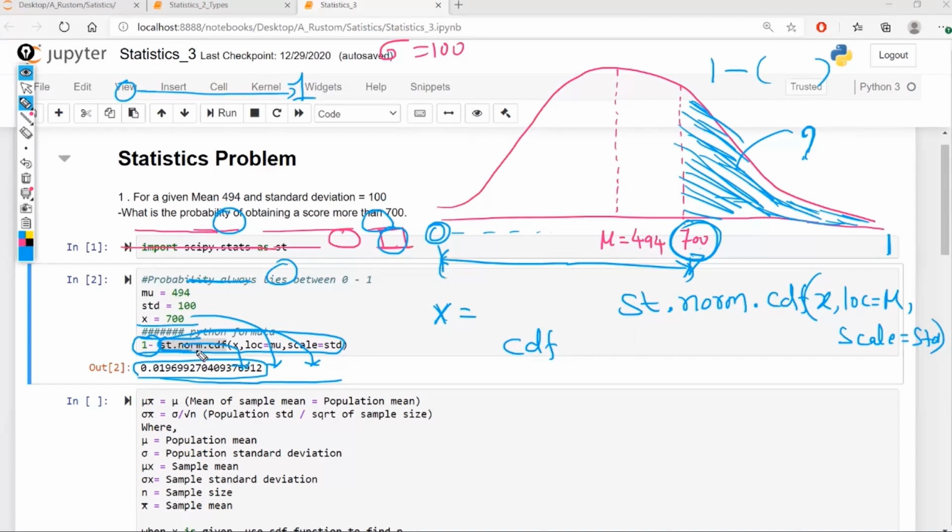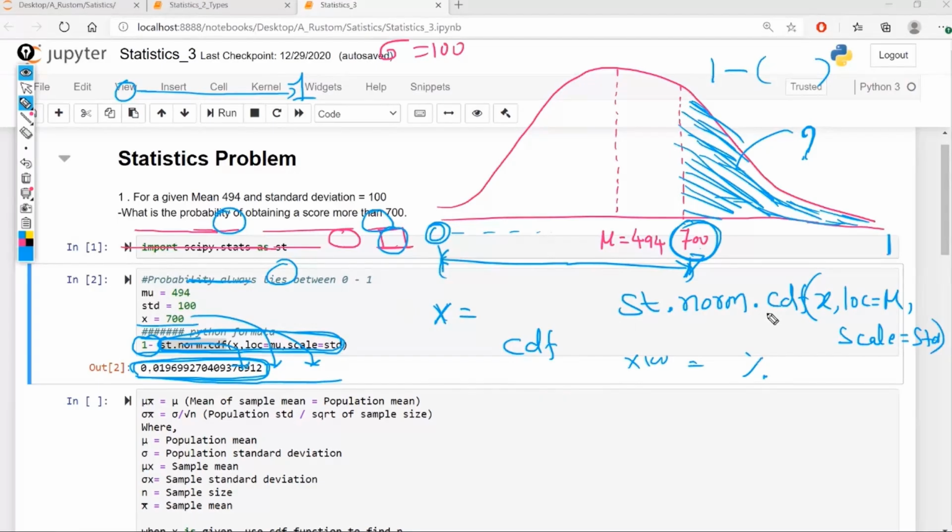That is what I have done. 1 minus this probability, which gives the area up to this point, gives me this probability, that is 0.019. If you multiply by 100, you will get the percentage.